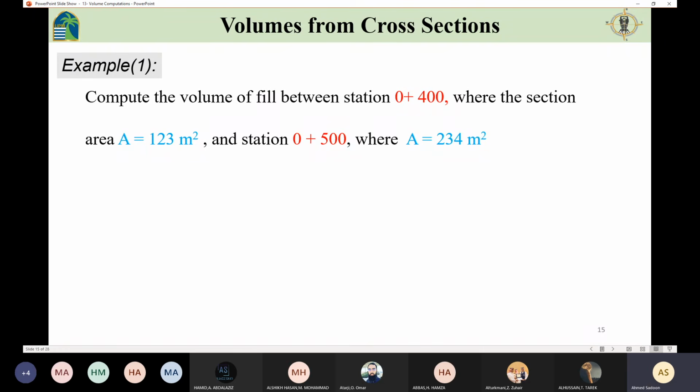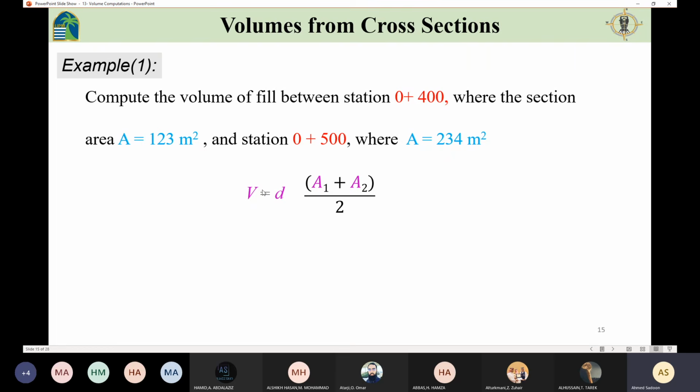This one is very simple. We are going to use the formula directly. Here we have only two sections, so the volume is going to be D times (A1 plus A2) over 2. The value of D is the distance between this station and that station. Remember, the first part represents the distance in kilometers, and this part represents the distance in meters.